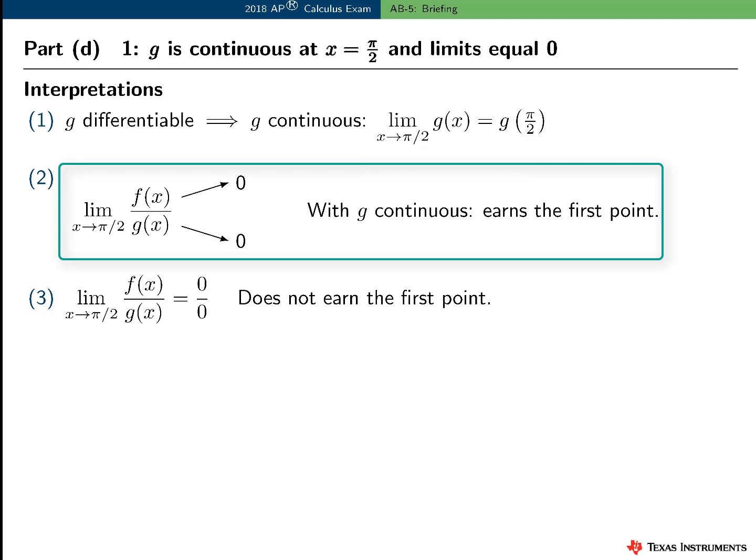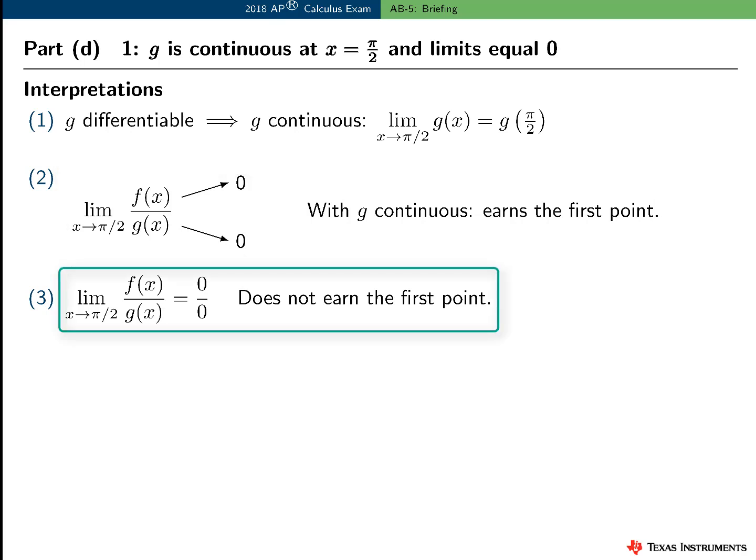Although not strictly proper notation, if the student presented this type of expression with the arrows and indicated that g is continuous, they earned the first point. However, equating the limit to its indeterminate form did not earn the first point.